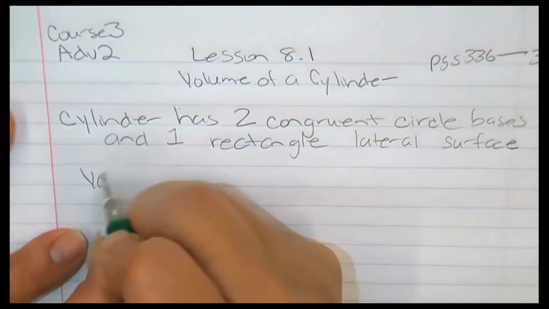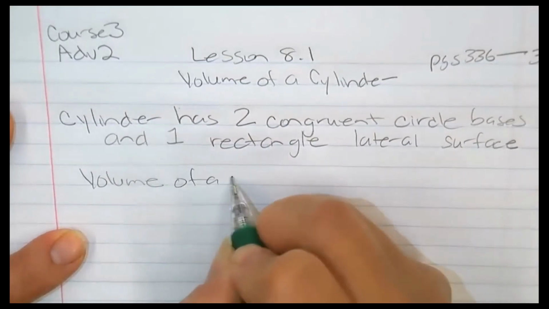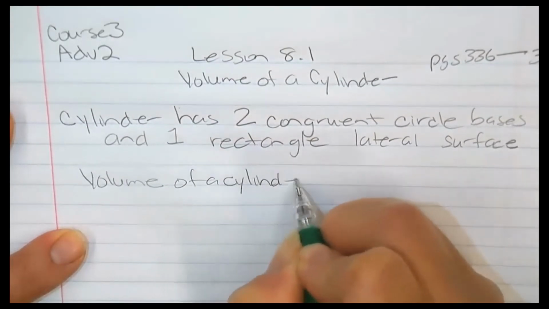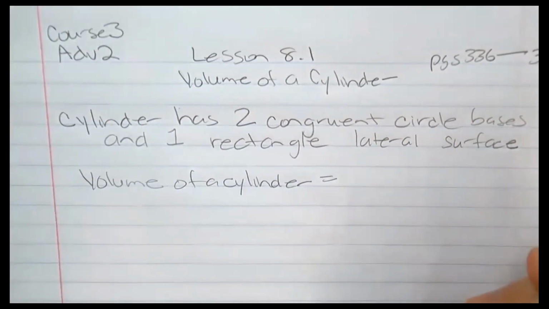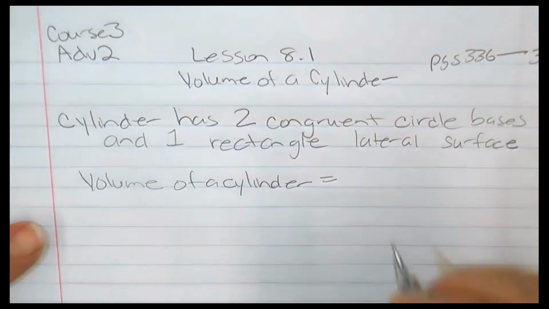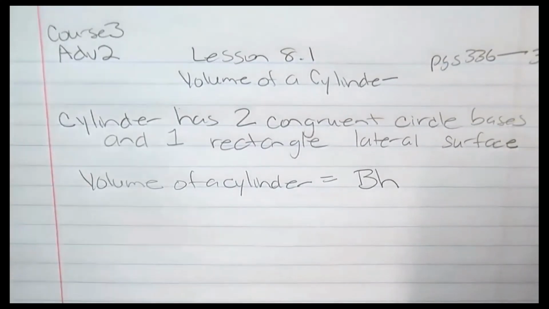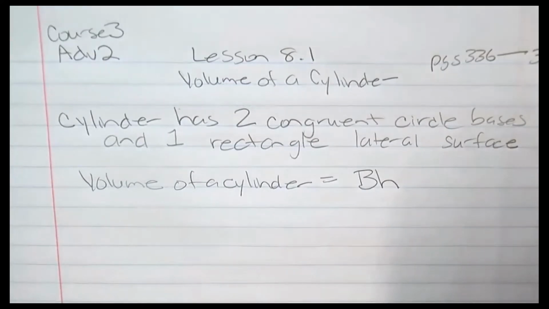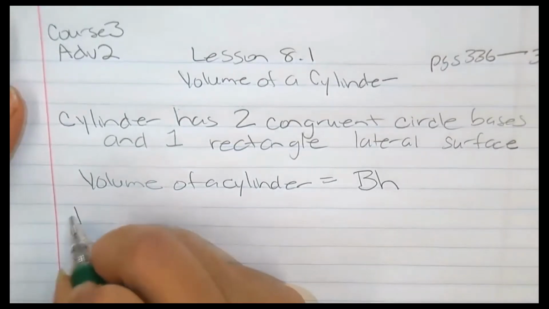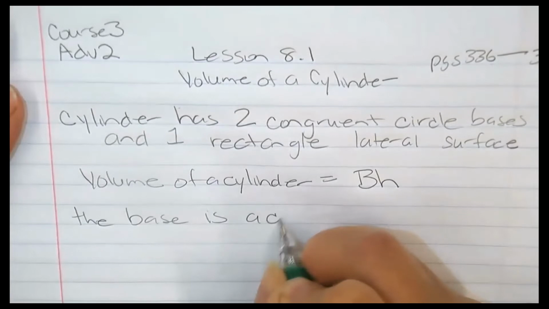Now, the volume of a cylinder is the same formula as the volume for a prism. It is the base times the height. But in this case, our base is a circle.